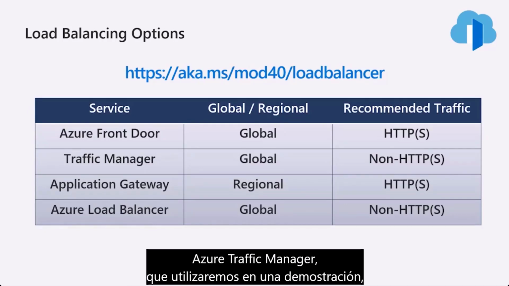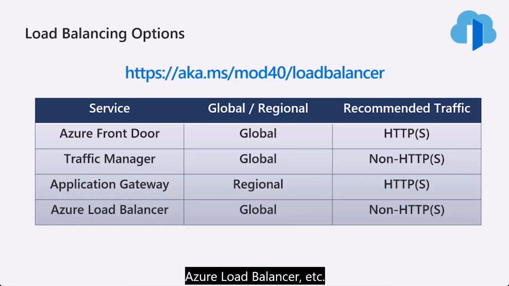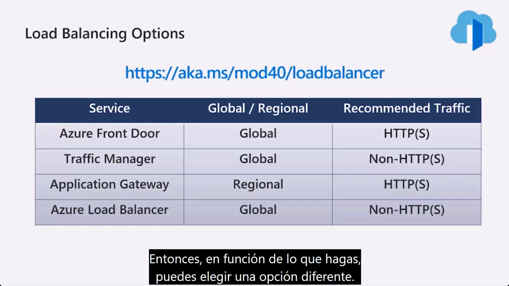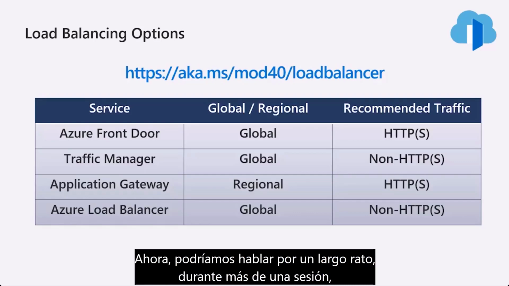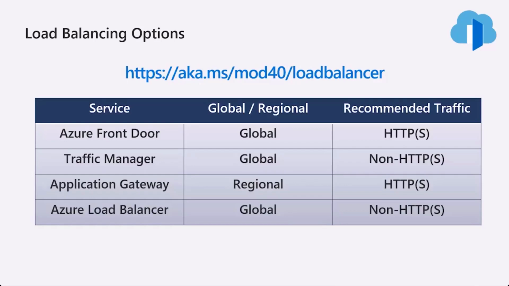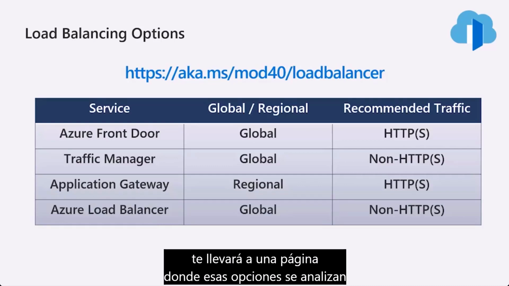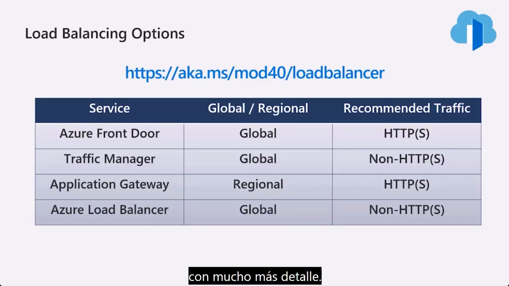Azure Traffic Manager, which we'll use in a demo, but also things like Application Gateway, Azure Load Balancer, etc. Depending on what you do, you can choose a different option. Now, we could talk for a very long time, for a whole session or more, about traffic balancing and load balancing. So if you go to this aka.ms link here, it's going to bring you to a page where those options are discussed in a lot more detail.